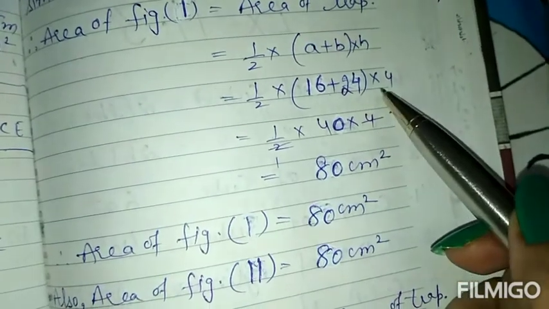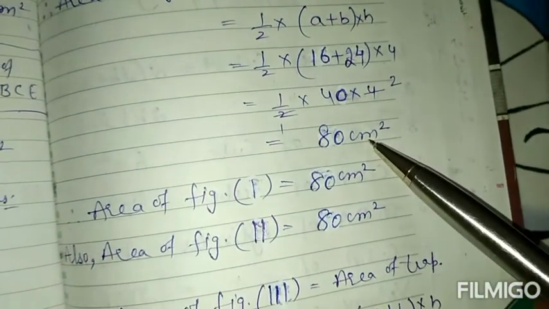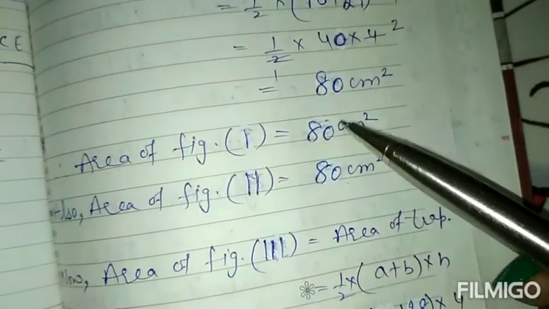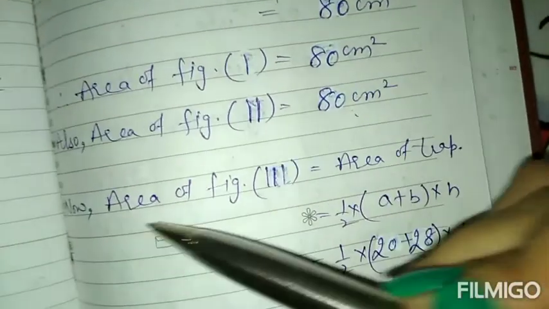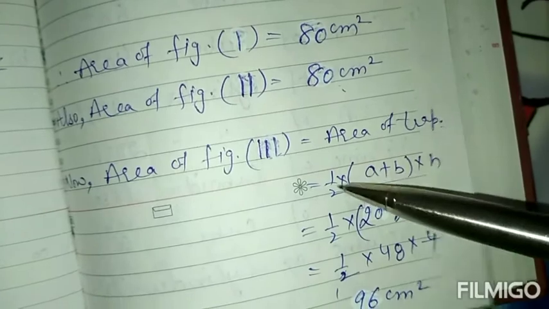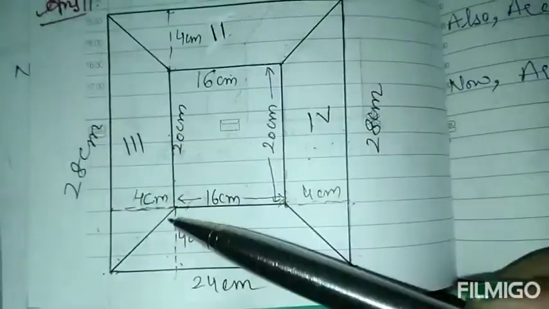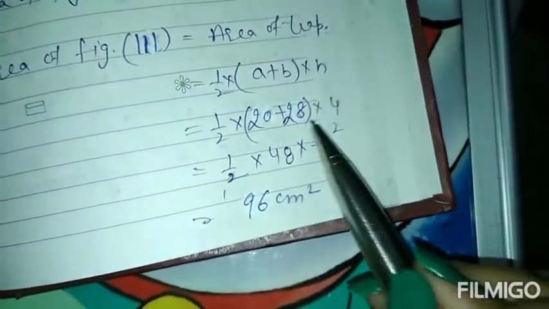Then now area of figure 1, area of trapezium, half of (a plus b) into h, half of (16 plus 24) into 4, half of 40 into 4 becomes 80 centimeter square. So area of figure 1 equal to area of figure 2, which is equal to 80 centimeter square. Now area of figure 3, area of trapezium, we will apply the formula. Half of (20 plus 28) into perpendicular distance 4.